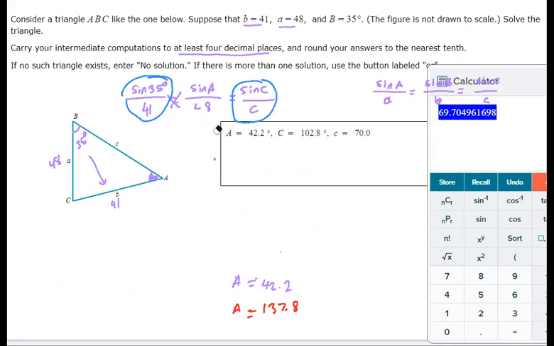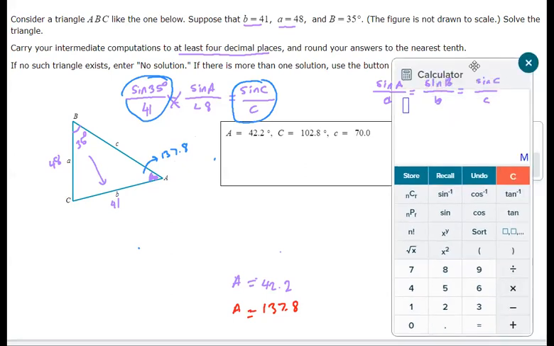Okay, so for the angle measure A, B doesn't change, because we have A as two different choices. So what we are going to try now is if A is 137.8, and then this is 35, we can just add these two angles. So 137.8 plus 35.